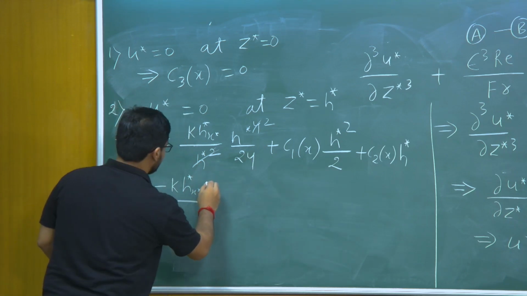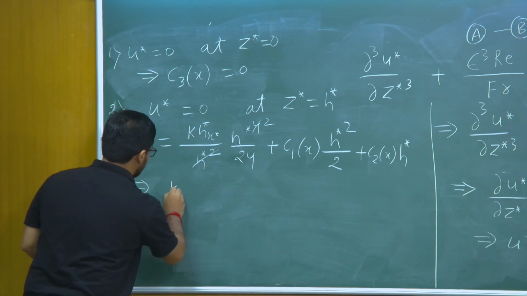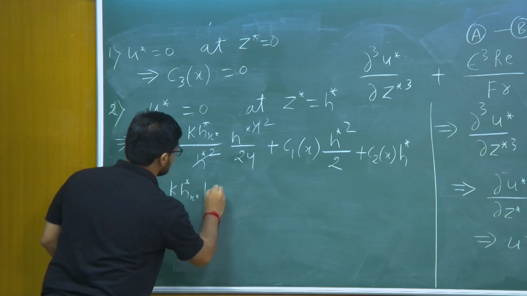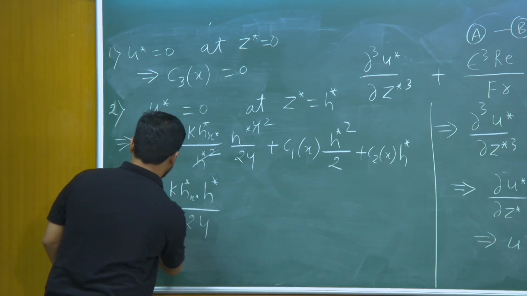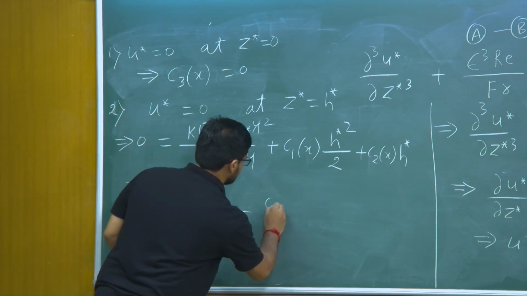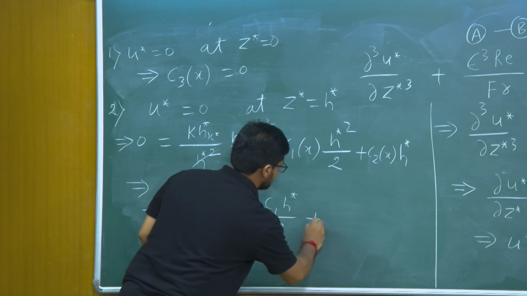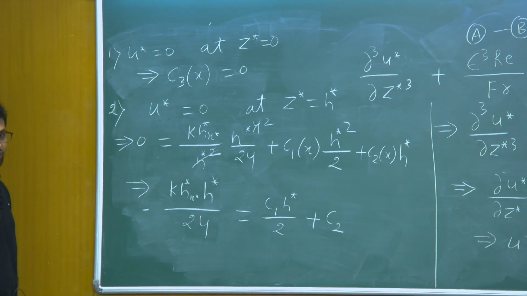So, it will be h star here. So, let me write it here again: k into h_xx star h star by 24, and this with minus sign is equal to C1 h star by 2 plus C2, and remember that C1 and C2 are functions of x.